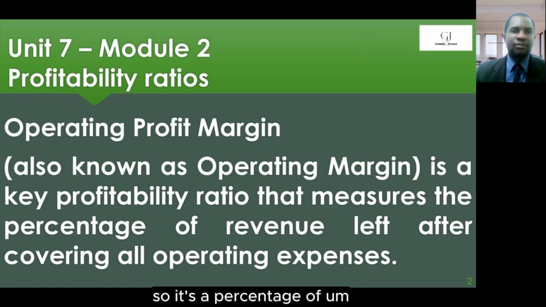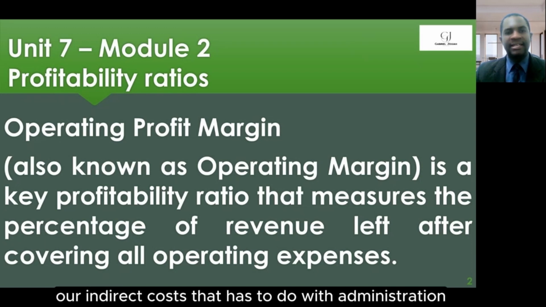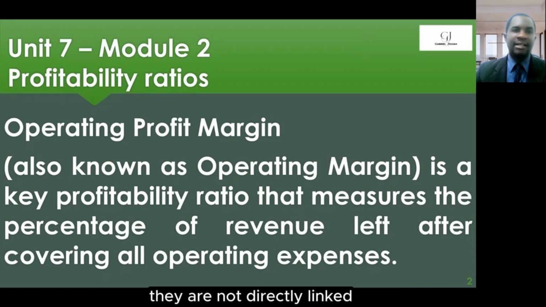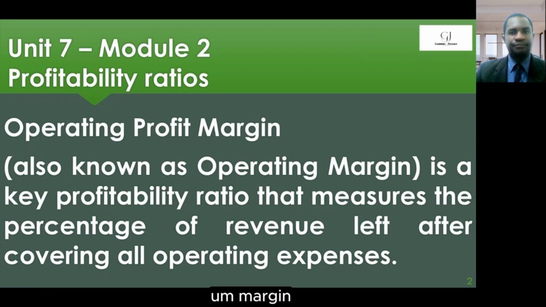So it's a percentage of revenue after we've deducted our indirect costs that have to do with administration, operating, and distribution expenses. They are not directly linked. We call them variable costs. They are indirect costs. After deducting them, you have your operating profit margin.